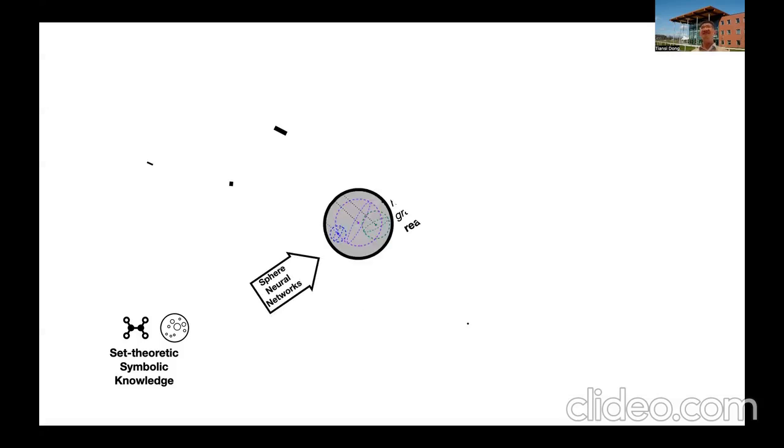So let me summarize today's talk. I started from the sphere neural network to represent syllogistic reasoning. Syllogistic reasoning is represented by set theoretical relations between spheres, the Euler diagram. Inversely, we have set theoretic symbolic knowledge, and we use the sphere neural network to create a sphere configuration in the embedding space.